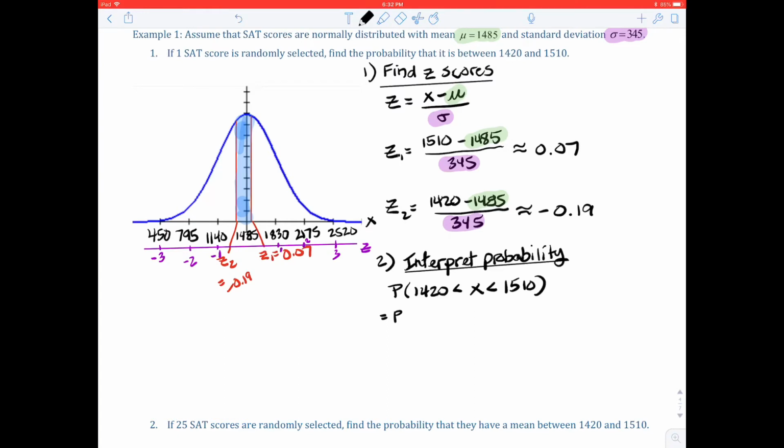But that, of course, is the probability of what? For Z. Good. That we get between negative 0.19 and 0.07. Good so far? Awesome. All right. So now let's go ahead and look those up using the table.